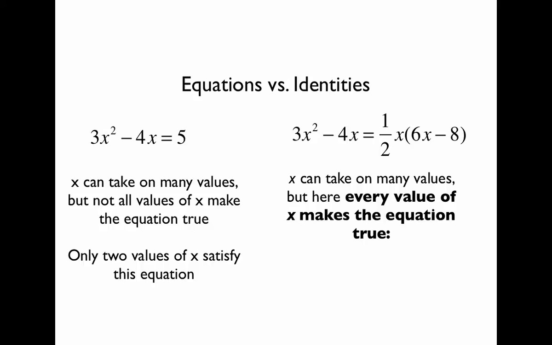So do you see the difference between the two? Only some x's work, all x's make it true. The one on the right is what we call an identity. No matter what values of x you put in, it always is true. This is very applicable in trig because we have different relationships that are all intertwined, resulting in many, many identities when we're talking about sine and cosine and tangent and other relationships.